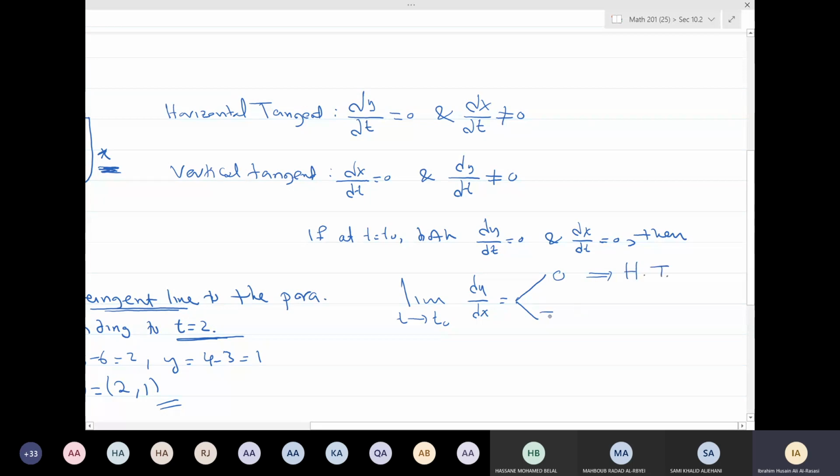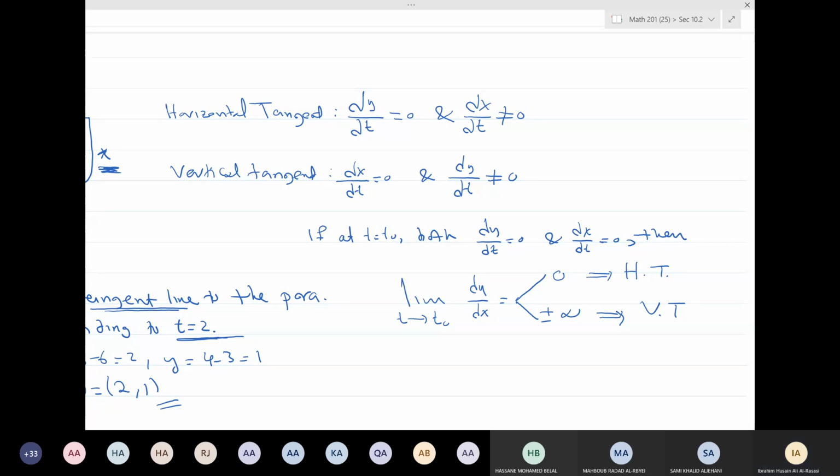If the limit is plus or minus infinity, then vertical tangent. If you just get a real number, then it is neither horizontal nor vertical. This is how to deal with the last case: if numerator and denominator are both 0, you have to take limits, apply L'Hopital's rule, and based on the value of the limit, you can conclude whether it is horizontal, vertical, or neither.